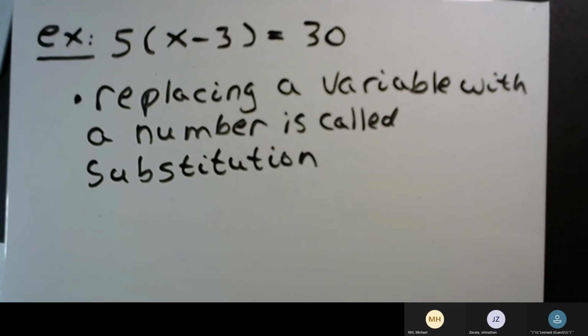So what we're going to do to check our solution, we're going to replace x with 9.